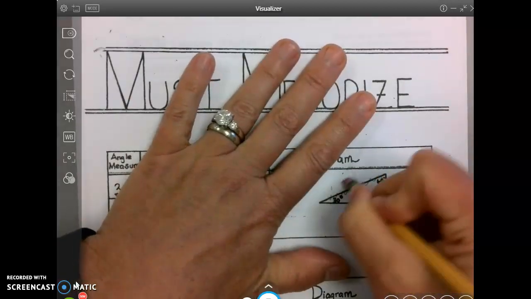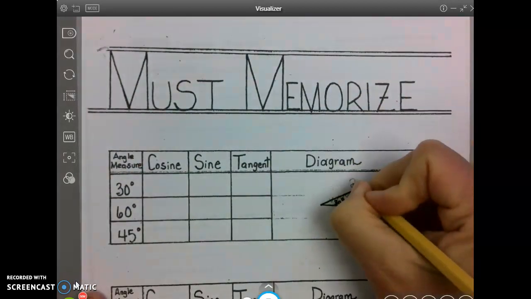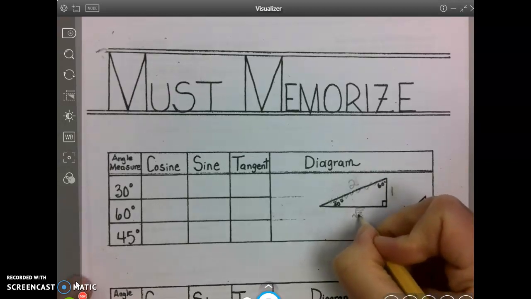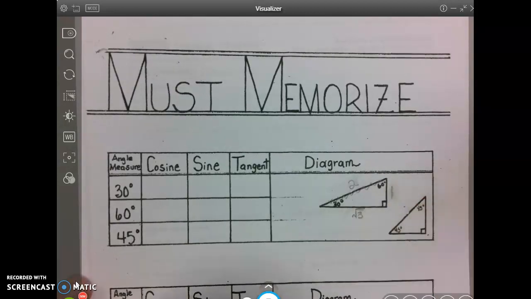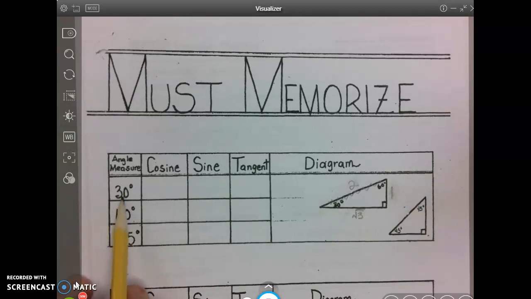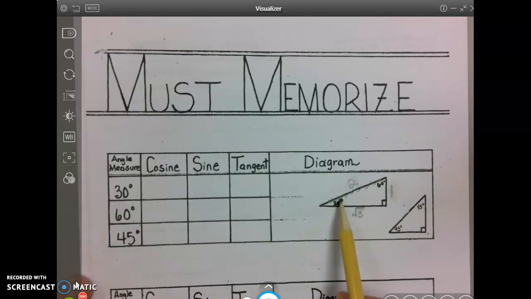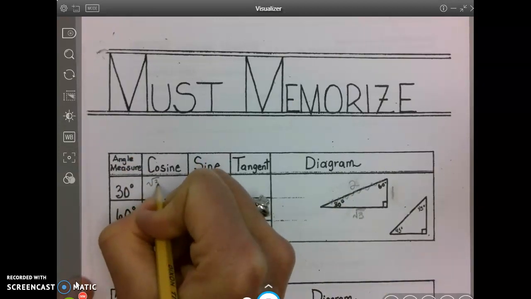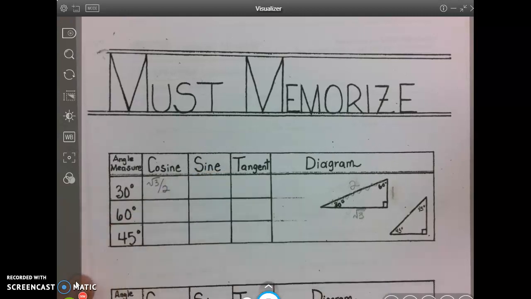Let's just write that a little better for us there. So those are my 3 sides of my right triangle. Okay. And so when I'm finding the cosine of 30, that is adjacent over hypotenuse, adjacent next to over hypotenuse. So square root of 3 over 2.